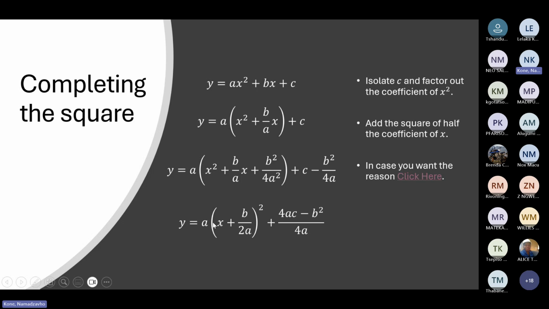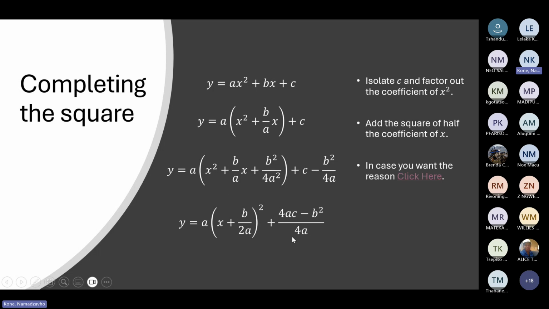You take b over 2a multiplied by x, you get bx over 2a. If you add them, you get 2b over 2a x, which gives you b over a x, which is the middle term. Then when you square the constant, you will definitely get the last term.